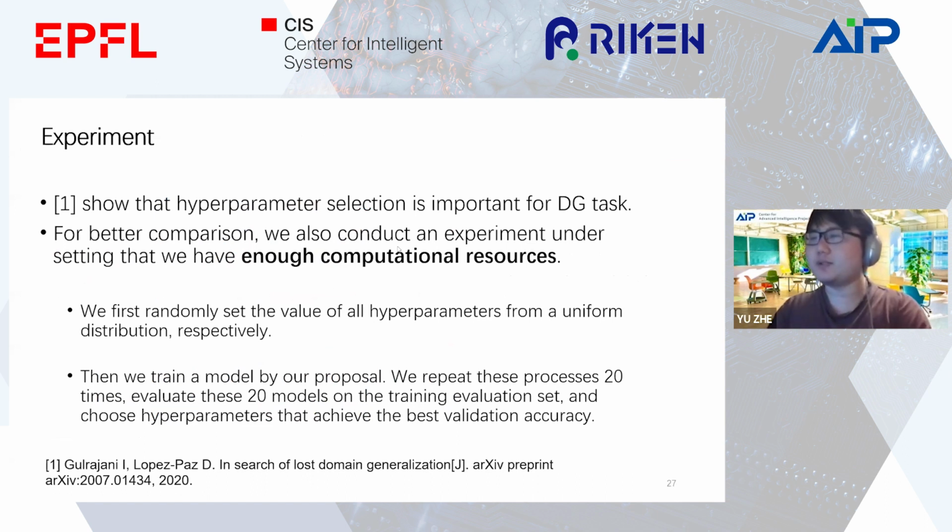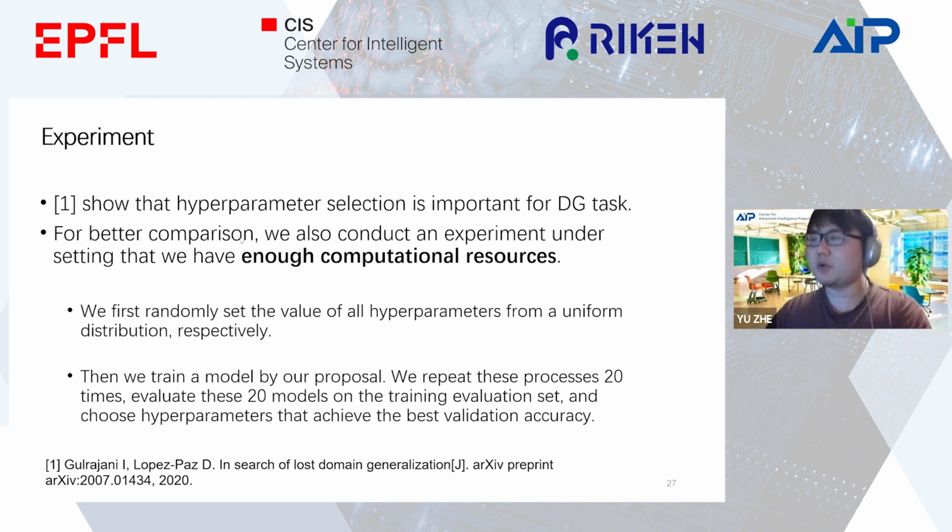Also, the paper DomainBed shows that the hyperparameter selection is very, very important for the DG task. Hence, our previous settings that assume limited computing resources may not be suitable for the DG task.